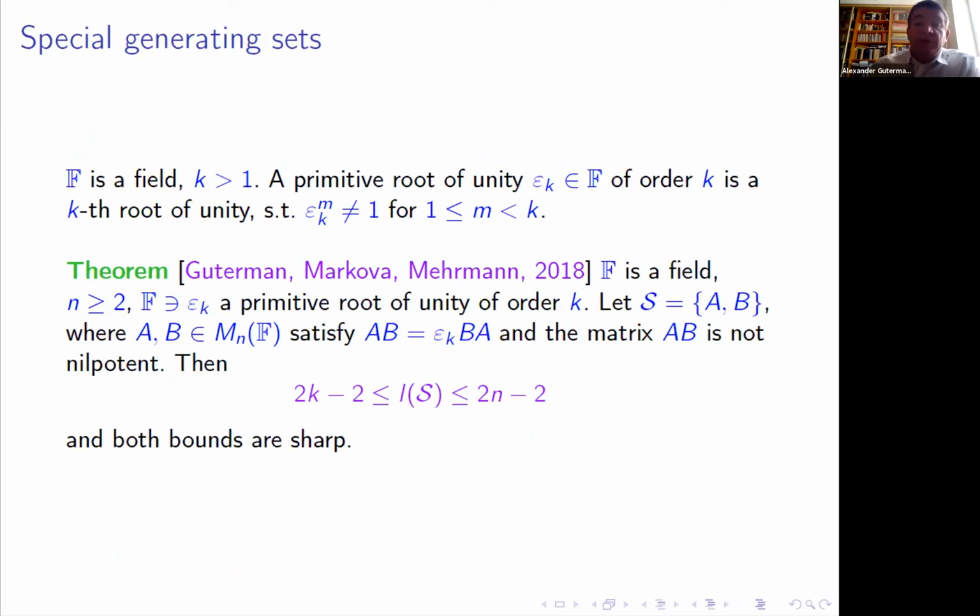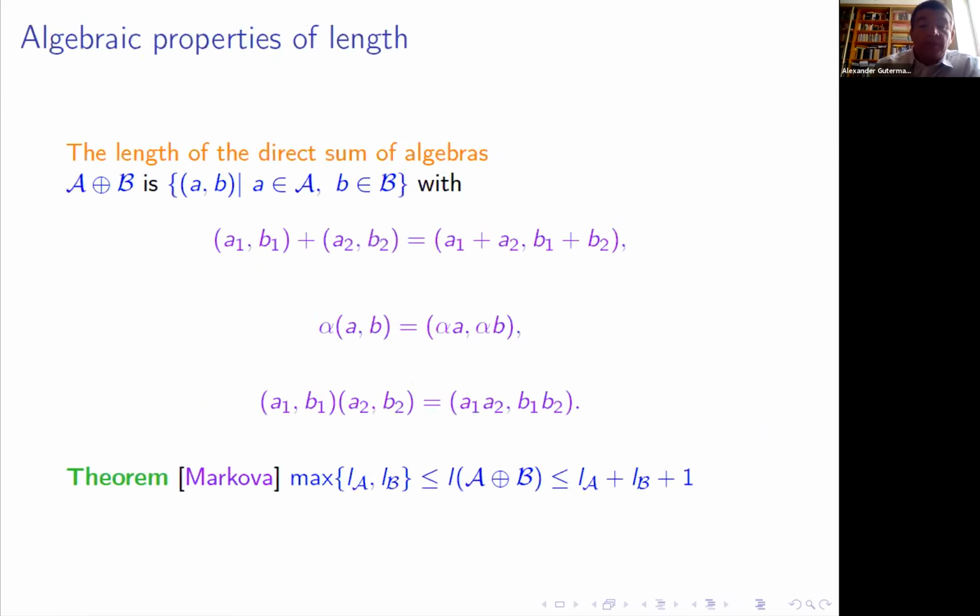Together with Olga and Volker, we were able to establish even better bounds for Q-commutative generating systems. I will not go into details here about generators, but let me pass to classical algebraic constructions.